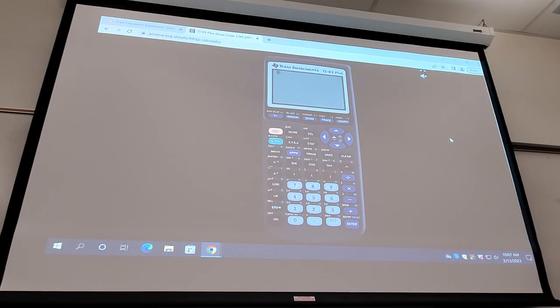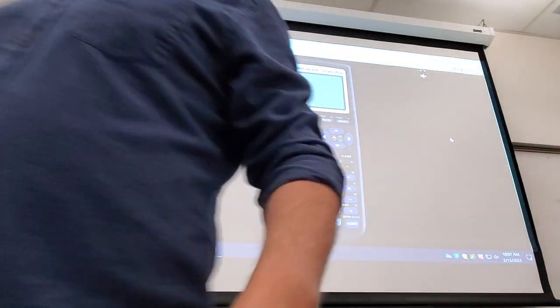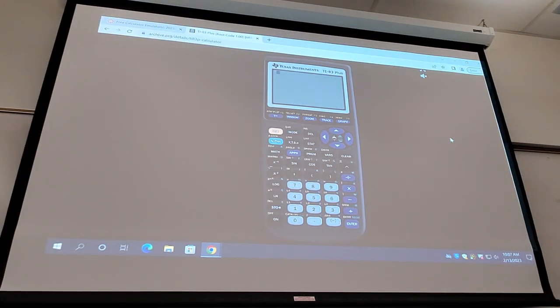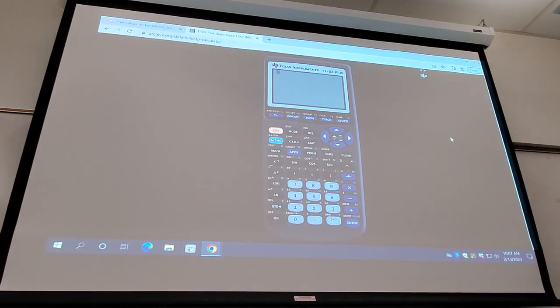So, if you haven't used the TI much, yours probably looks like this. Is that the Plus? Oh yeah, gotcha. But everything should be in the same location.